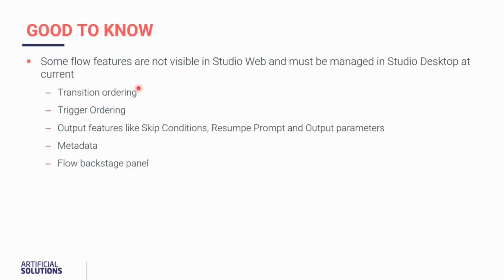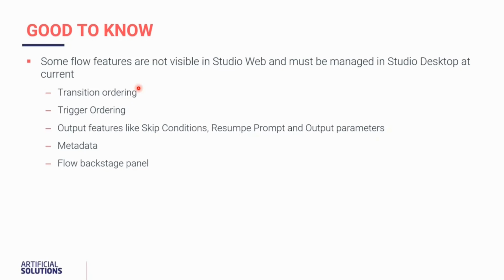Then some other good-to-knows that we will also see a little bit when we go into the flow building part. Regarding the flow building, as we've seen, you can create a flow, you can edit a flow, but there are some of the flow features that you will be familiar with that are still not visible inside the Studio Web.